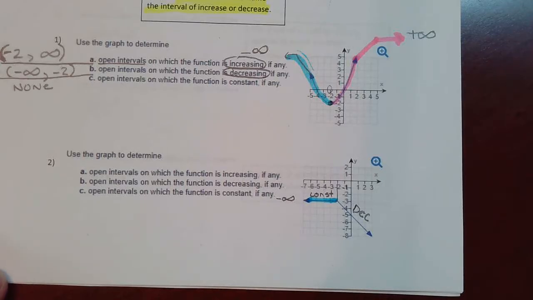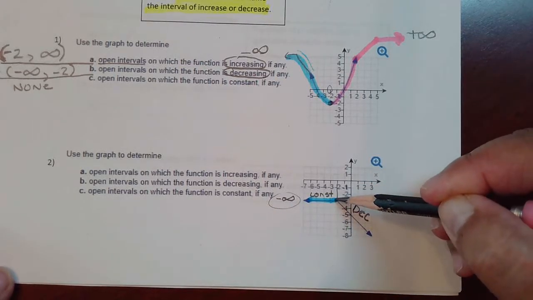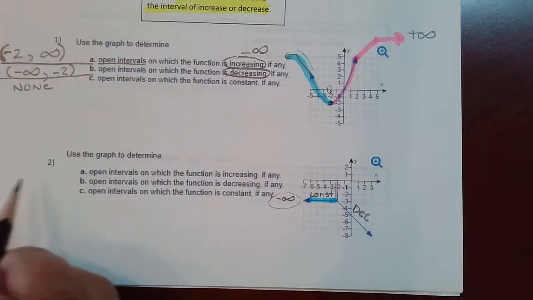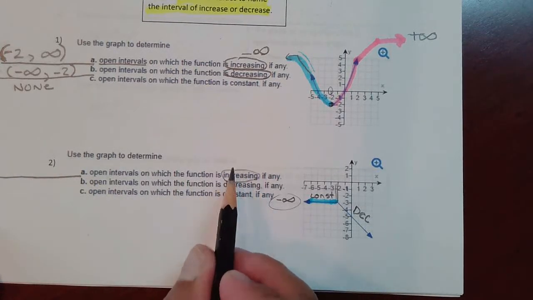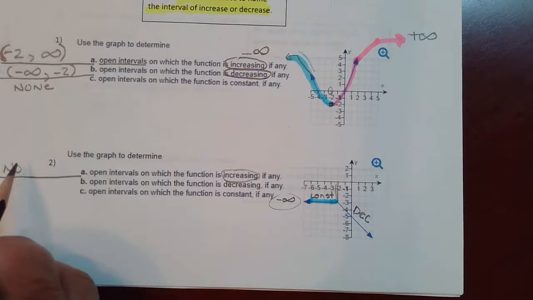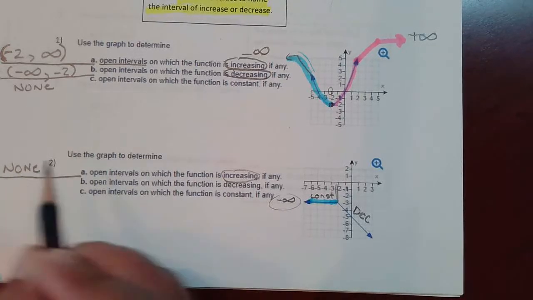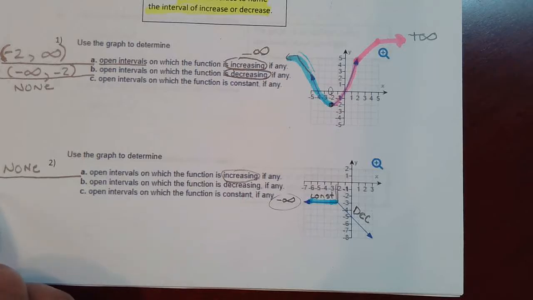Remember, you are concentrating on what are the x values associated with either end of the interval you're describing. Negative infinity and -2. Okay, so where is it increasing? There is no increasing portion, so I'll just say none.